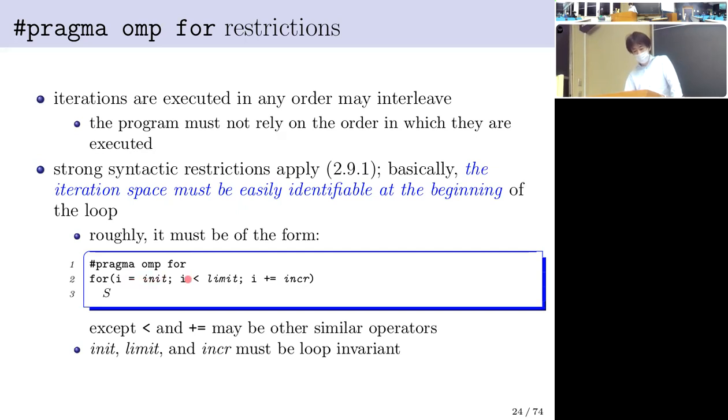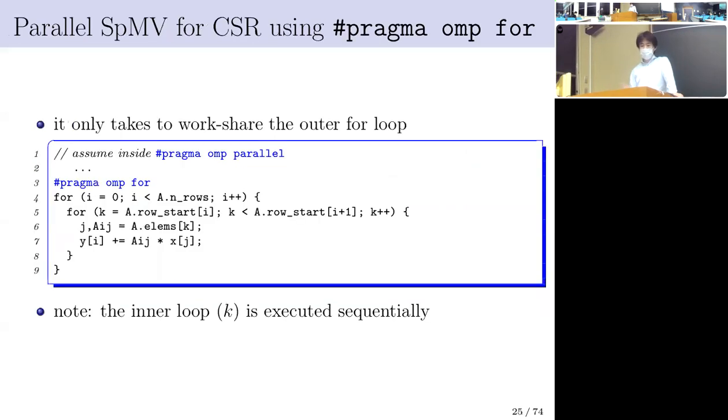If init is 0, limit is, let's say, 100, and increment is 1, it is simply the set of all the integers from 0 up to 99, right? In this way, dividing the iterations among threads becomes a very easy task for the runtime system. So this is the restriction you need to remember.